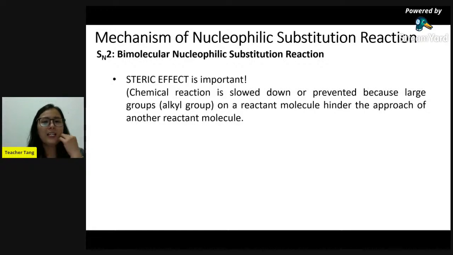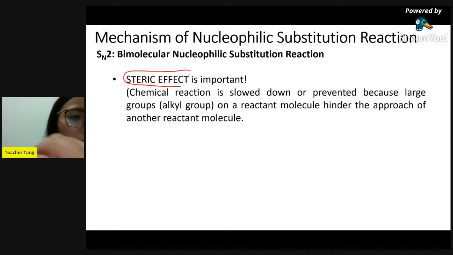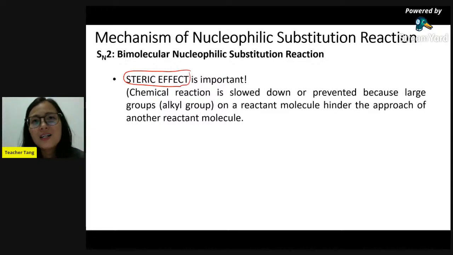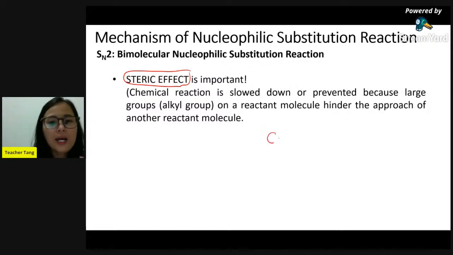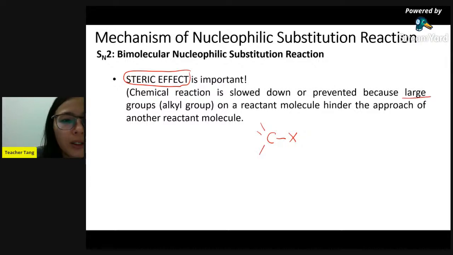So in SN2, you must remember that steric effect is important. So steric effect will affect the reactivity of the haloalkane towards SN2 reaction. Okay, when the carbon bonded to the halogen is bonded to a large alkyl group, an alkyl group that is very large, like for example, like this. Okay, so very large.